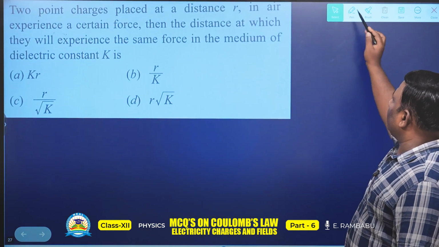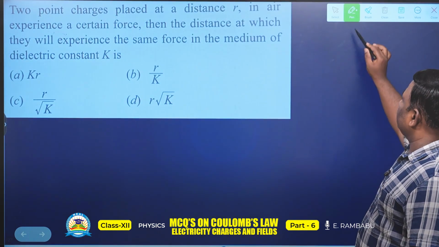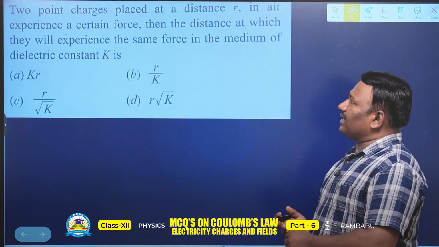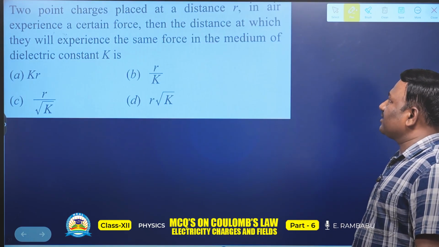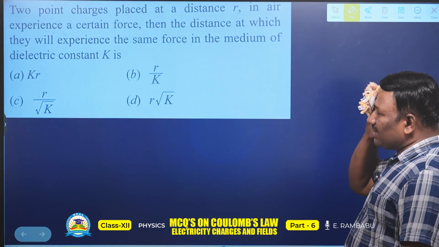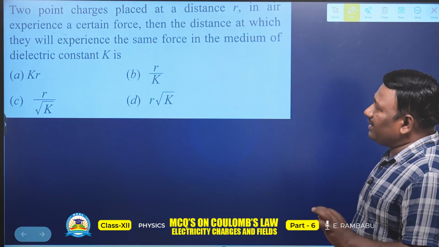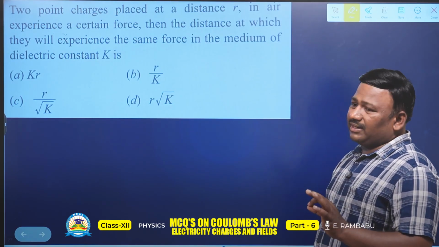Here, this is also one of the important but simple concepts. The given question: two point charges placed at a distance small r in air experience a certain force.